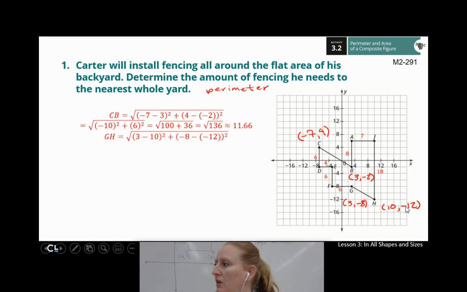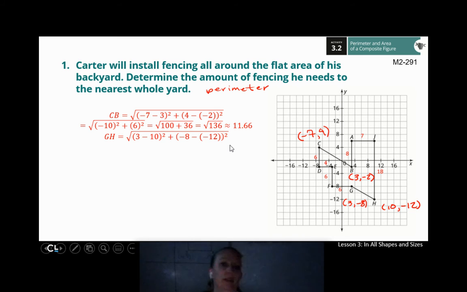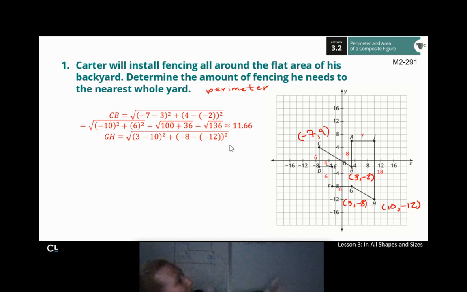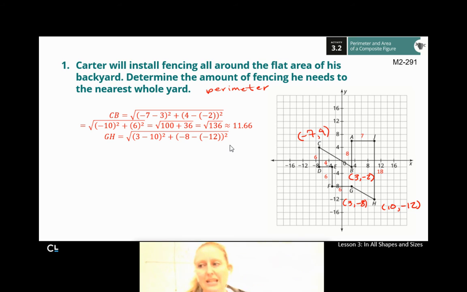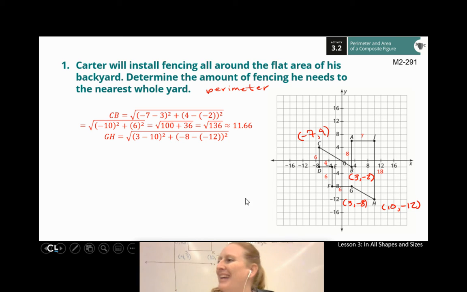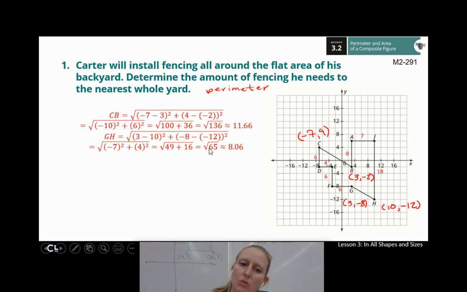Subtract my y's, -8 minus a -12. I keep ending up in darkness. Sorry, guys. I gotta fling my arms around so that they know I'm here. 3 minus 10 is -7. This becomes -8 plus 12, which is 4. If we square those, we get 49 and 16. Together, that's 65, and the square root of that is about 8.06.